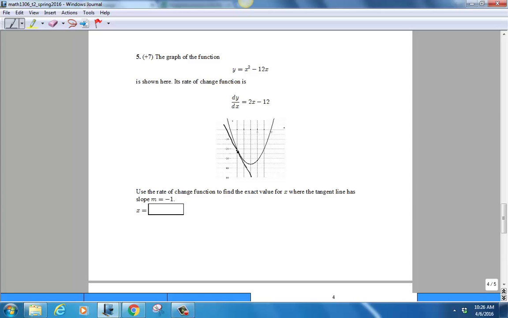So all you have to do here is take that rate of change formula, which gives you slopes of tangent lines, and just set it equal to -1 and solve that equation.